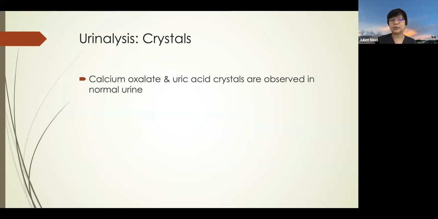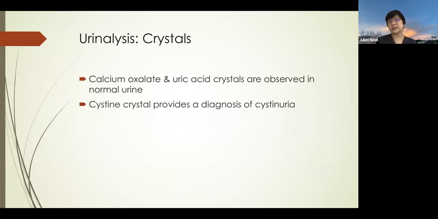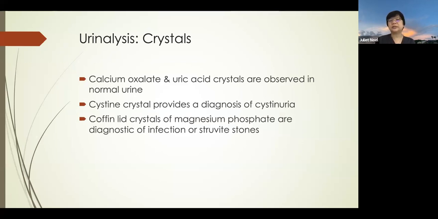High uric acid would mean you have to check the blood. Uric acid crystals can normally be seen in normal urine. On the other hand, cystine crystals are abnormal; when you see them, it gives you a diagnosis of cystinuria. Coffin-lid crystals of magnesium ammonium phosphate are diagnostic for struvite stone.